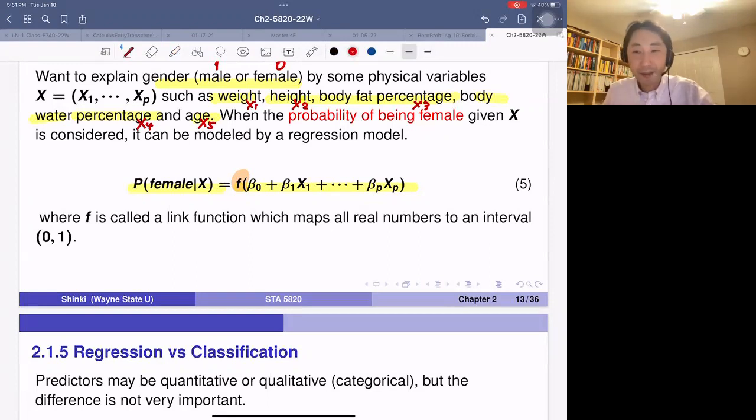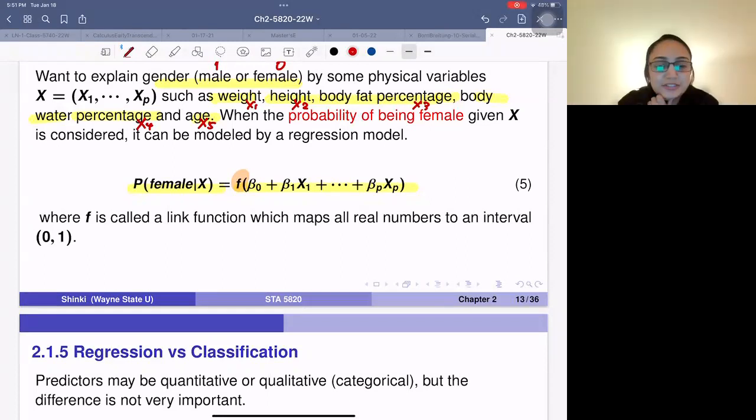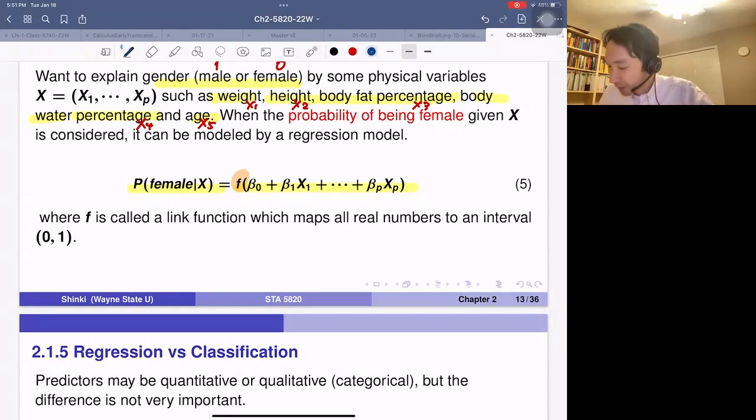Maybe some students who took the 50-30. Do you remember? Priyanka, do you remember? Yes, Professor. What's f for logistic regression? f of x is what?